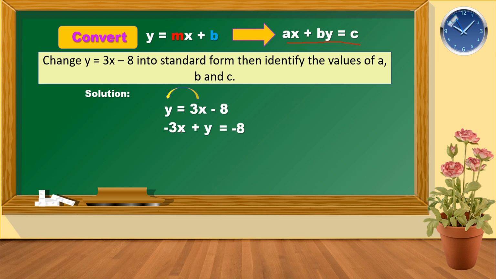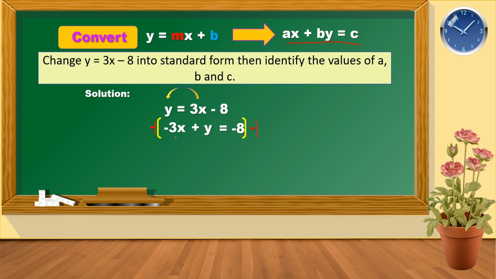And as you can see, the coefficient of x here is negative 3. So let's make this a positive. How do we make this a positive value? What we're going to do here is multiply both sides of the equation by negative 1. Okay?